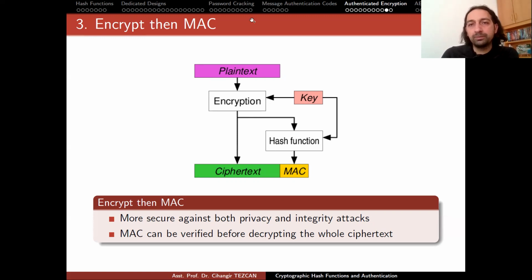The idea is as follows. You take the plain text and perform encryption and obtain the ciphertext. Then you take the ciphertext and put it in the hash function and obtain the message authentication code. So as you can see now, the hash function uses the ciphertext data, not the plaintext data. We believe that this is more secure against both privacy and integrity attacks. And more importantly, the MAC can be verified before decrypting the whole ciphertext.